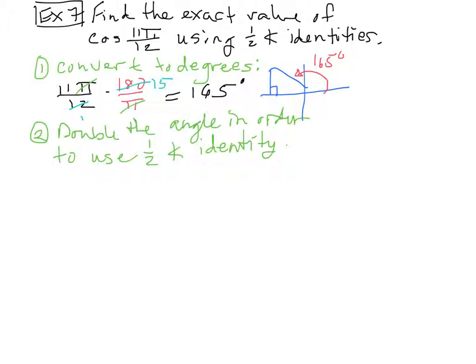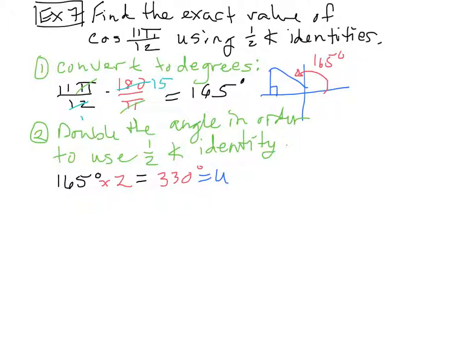So we're going to take 165 degrees and multiply that by 2. What does that give you? It is 330 degrees. And that is what is equal to u.